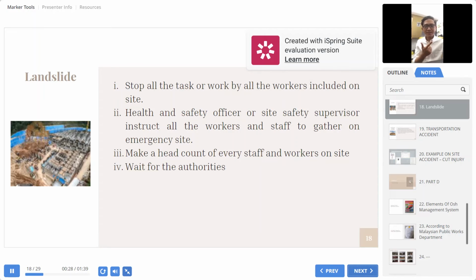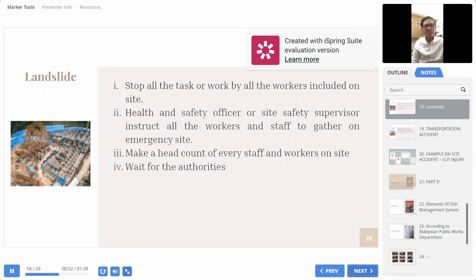The second one may happen due to the type of soil itself. Landslide is a serious incident and tragedy that could happen on a construction site, and it may cause loss of life. There are four basic procedures when a landslide happens.